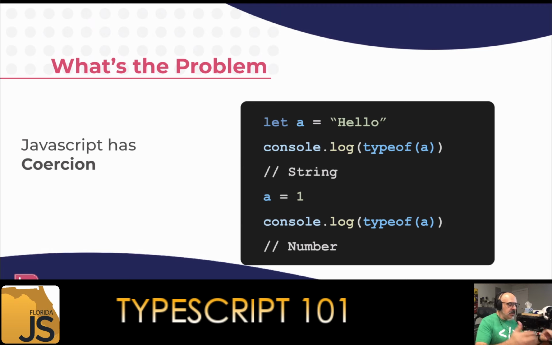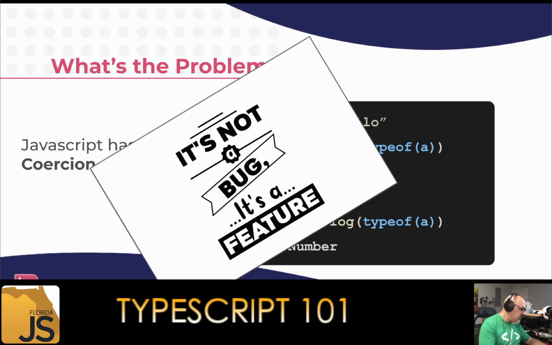We do that, and all of a sudden, someone has entered information where the age is a quoted 10, and that's a different type. And so TypeScript tries to solve that in the code. So, JavaScript coercion, it's not a bug, it's a feature. We have this beautifulness that we can do that, but it's going to cause us problems.